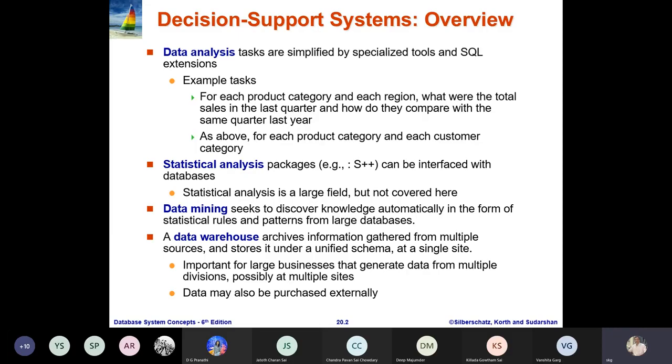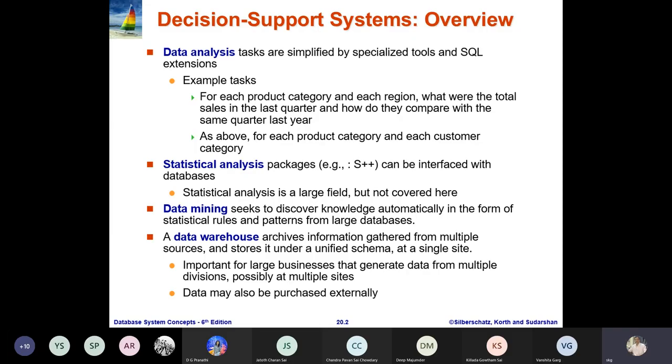That may not be possible with standard SQL, or whatever the transactional processing we look at may not be sufficient for handling these things, right? So we may need to reorganize the data or look into the data in other ways.